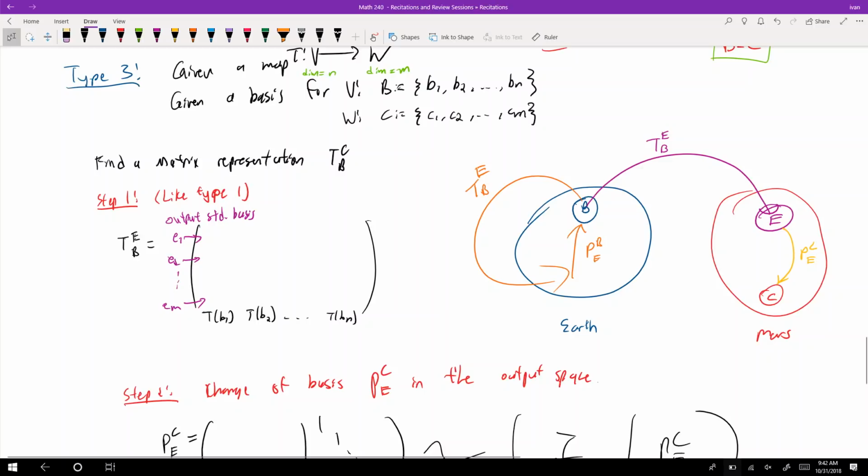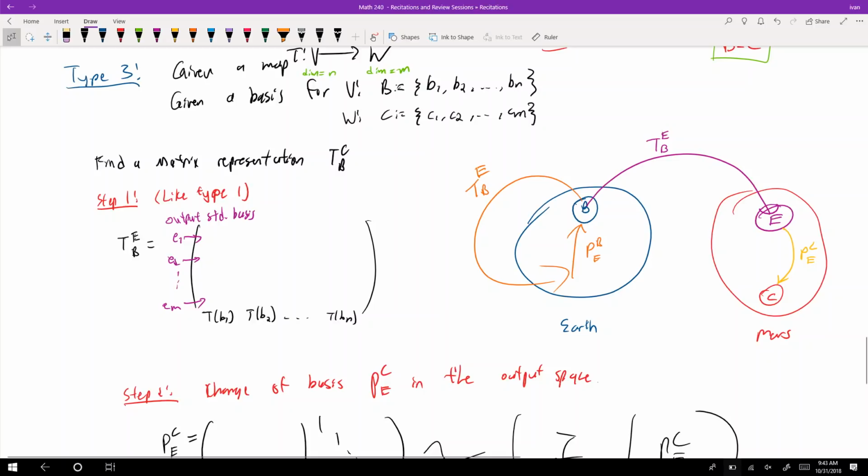That's all we did. But T can launch you to different vector spaces. It can also send you around in the same vector space. But you'll notice that T will always send you to your standard basis. And then you need a follow-up step to get from the standard basis of the other vector space to the desired basis given.